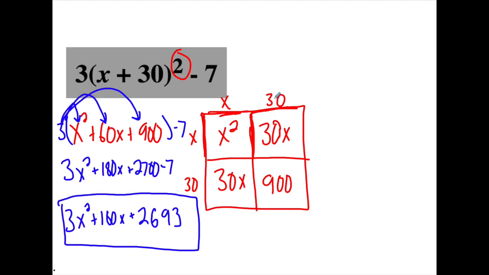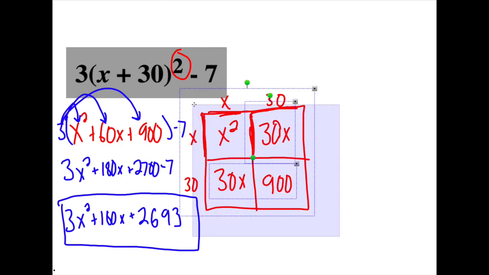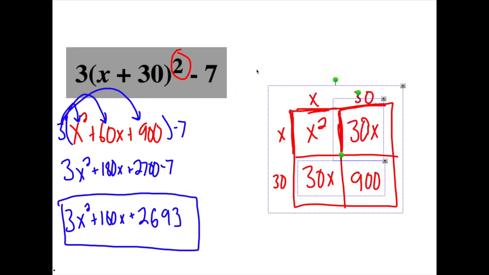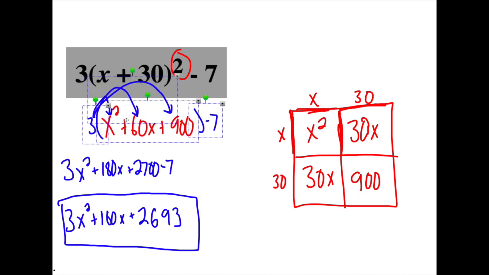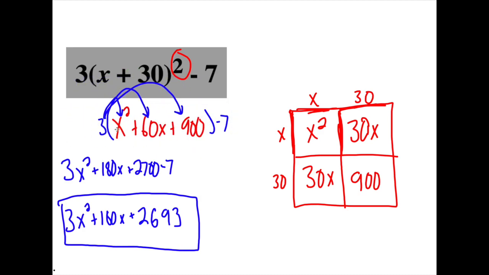Okay? And so again, the idea with vertex form is you're first doing the square. And remember, when you square something, it's like multiplying it by itself. So x plus 30 times x plus 30. Then you're just doing the distribution, distributing the 3. And if there wasn't a number there, it would be 1.